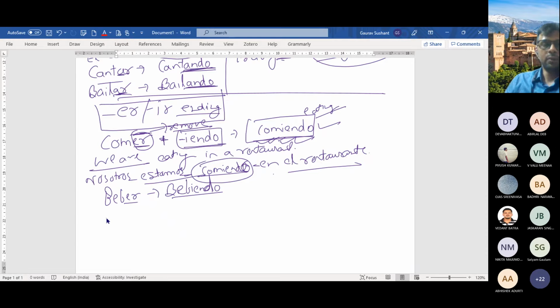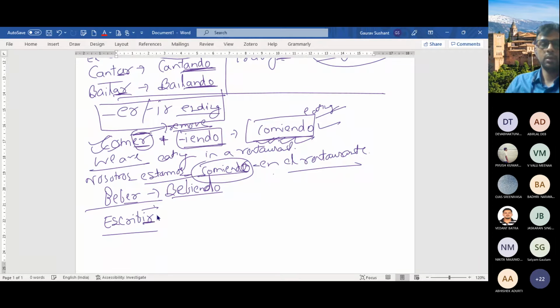So with the IR ending verb, the rule is the same. Whatever you have done with the ER ending verb, you do the same thing with the IR ending verb also. So let us take an example here for an IR ending verb. So here it is escribir.